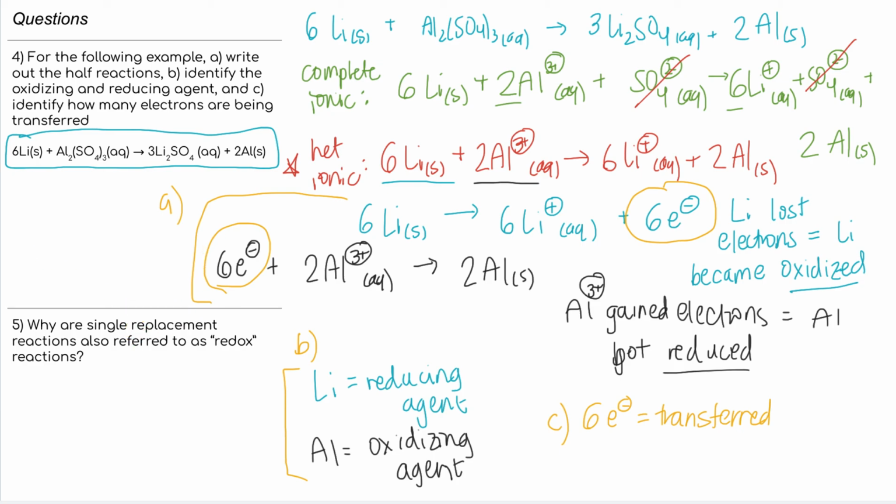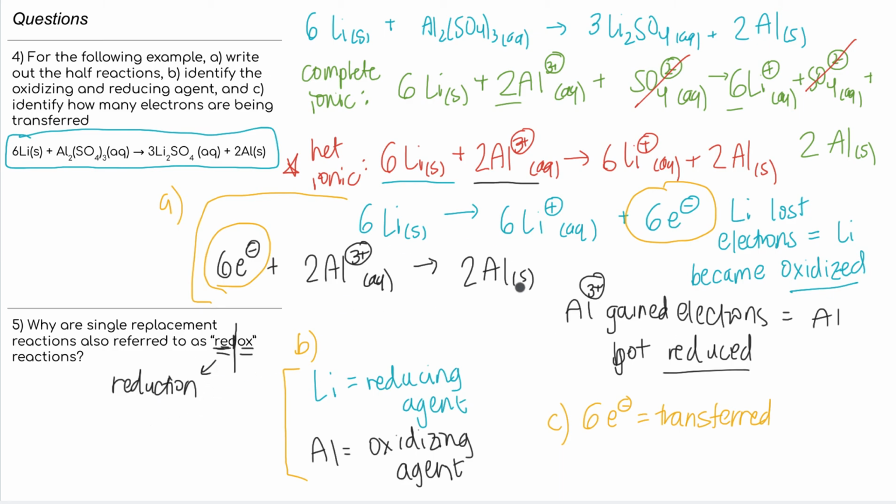And so finally for number 5, sometimes we refer to these single replacement reactions as redox reactions. So if you split up the word redox into 2 separate words, the first part of the word has RED in it. That's referring to something that's getting reduced or a process of reduction. So in this case, the Al3+, the aluminum ion in solution, was gaining electrons.